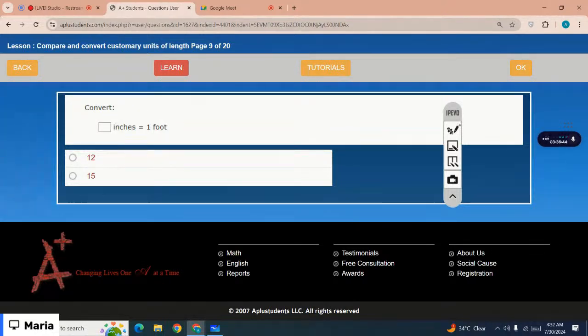One foot equals how many inches? That is 12 inches.